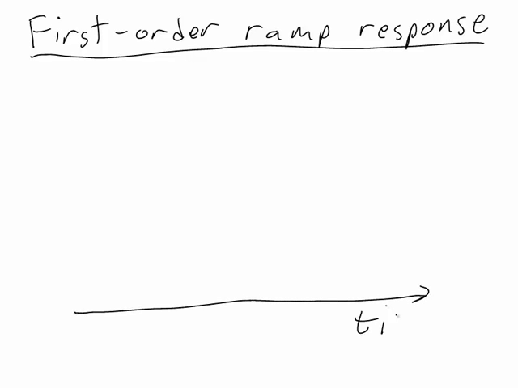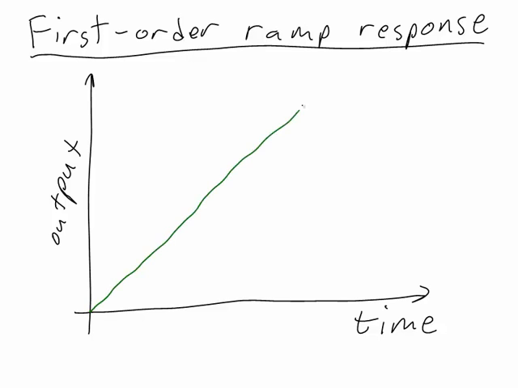So the x-axis will be time, and the y-axis will be the output. Let's suppose that the ramp input looks like this. A first order response to this input will look something like this.